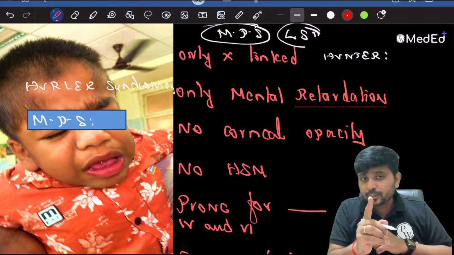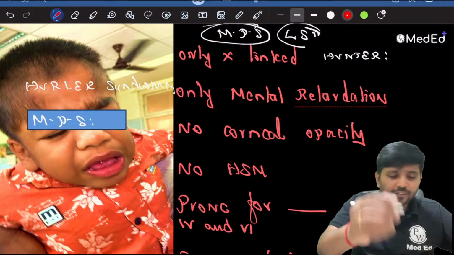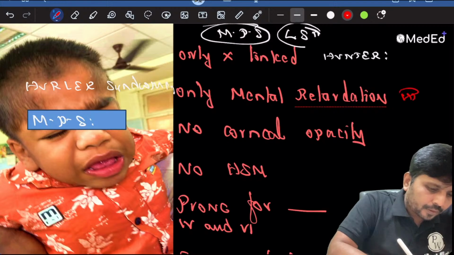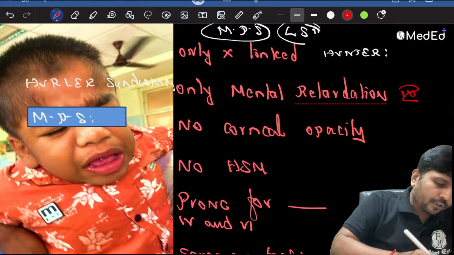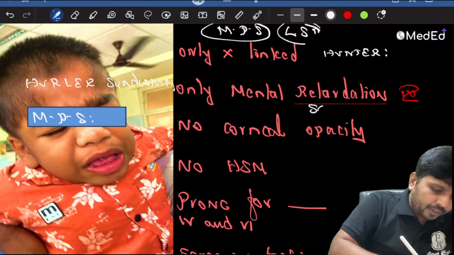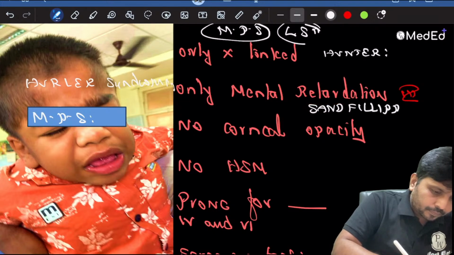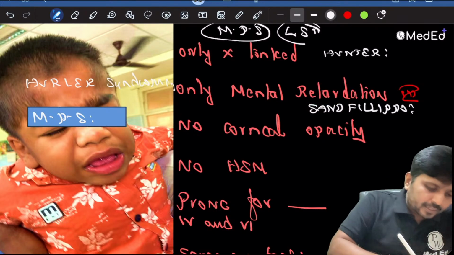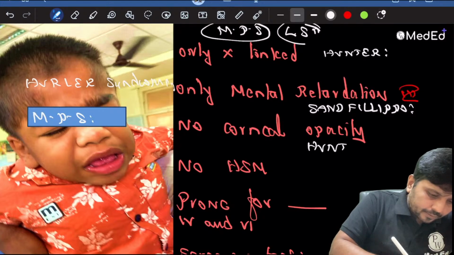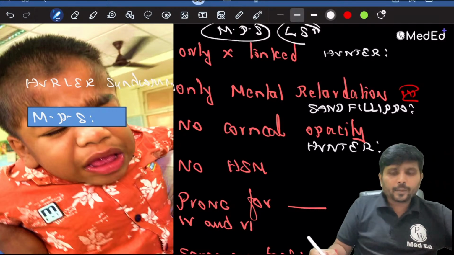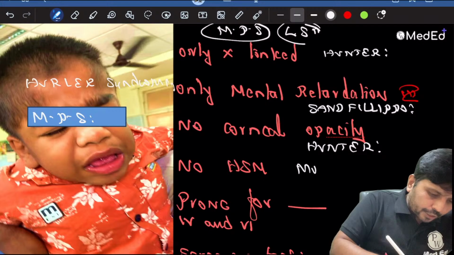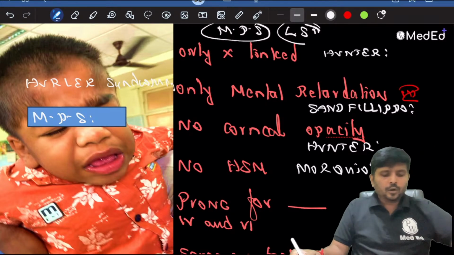Tell me the condition which is associated with only mental retardation. Very good. Type 3, otherwise known as Sanfilippo. No corneal opacity is for Hunter. No hepatosplenomegaly is for Morquio.